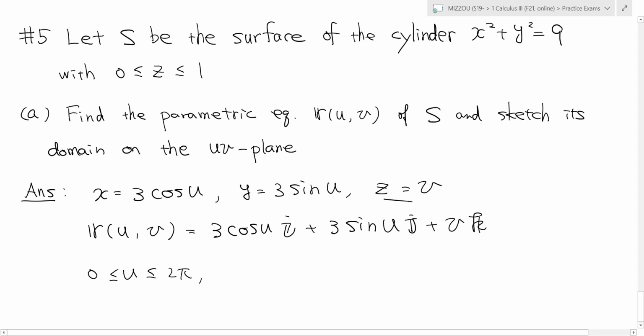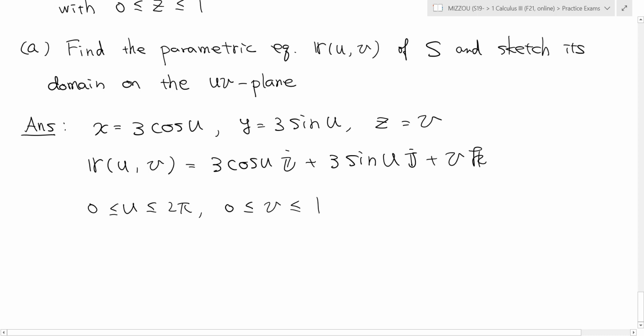So v is between 0 and 1. So on the uv plane, what's this? This is just a rectangle, with corner 2 pi, 1. And this shaded region is our domain.